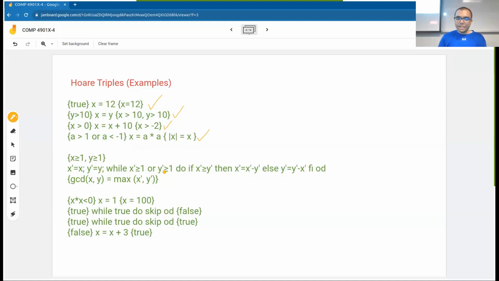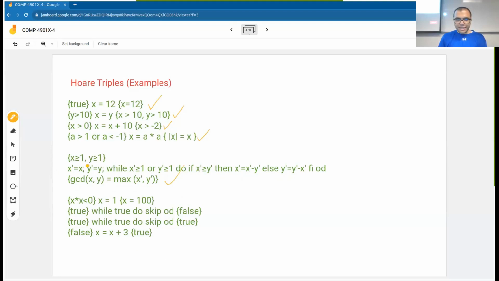As long as they're greater than or equal to 1, if x prime is larger, then reduce x prime by y prime. Otherwise, if y prime is larger, reduce y prime by x prime. And at the end of it, I want to say that the GCD of x and y is the maximum of x prime and y prime. This holds.